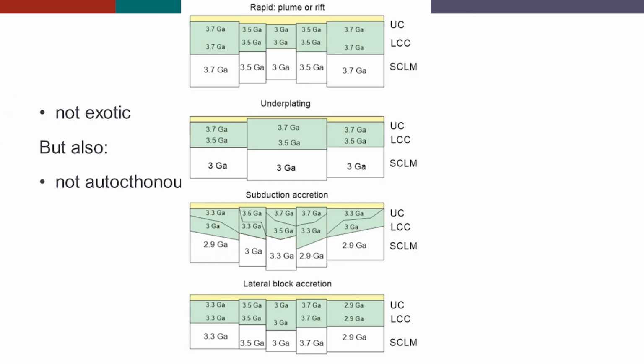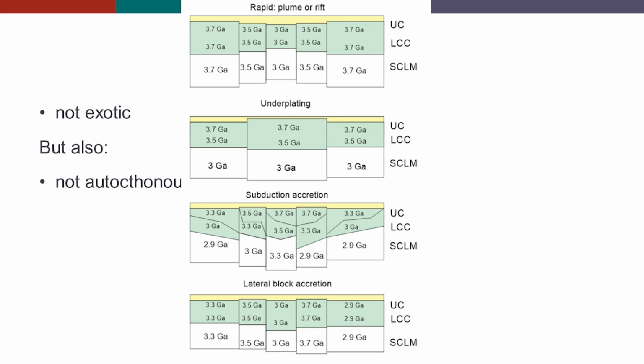Back to that story, where can we really think about something that is maybe not a model where exotic terranes are accreted? For example, in this situation, I think that is relatively implausible. And it is not entirely autochthonous. We know we have some subduction-related processes occurring.